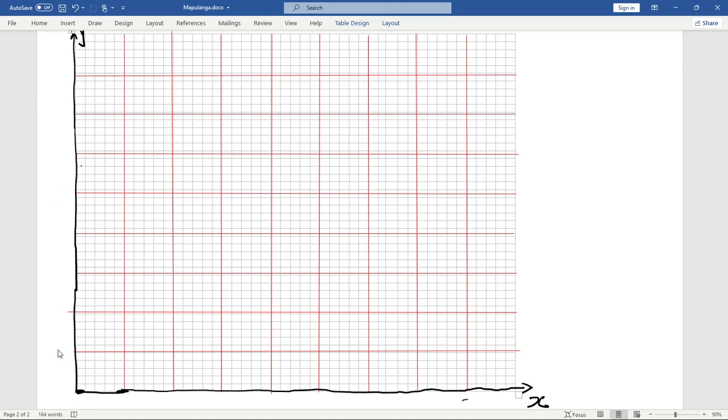So we're saying this is 10, so we move from 0, 10, 20, 30, 40, 50, 60, 70, 80, and 90 on top there. Then even below here, 10, 20, 30, 40, 50, 60, 70, 80.